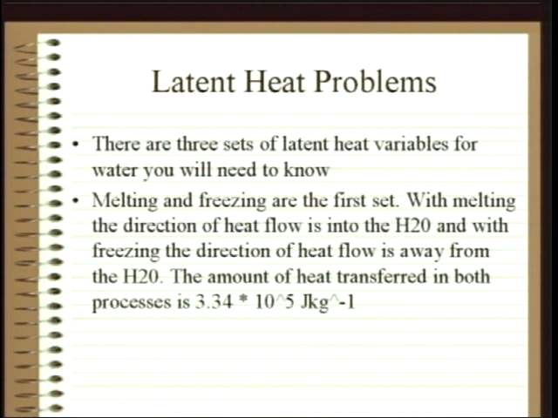And the amount of heat that's transferred in both these processes is 3.34 times 10 to the fifth joules per kilogram. So the value is the same, it's just the direction of the heat flow is the opposite between melting and freezing.